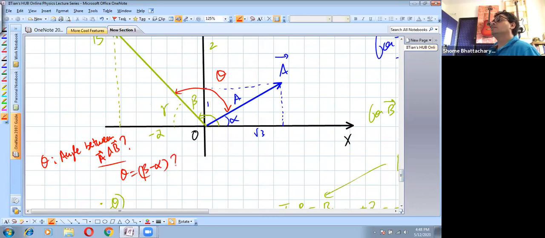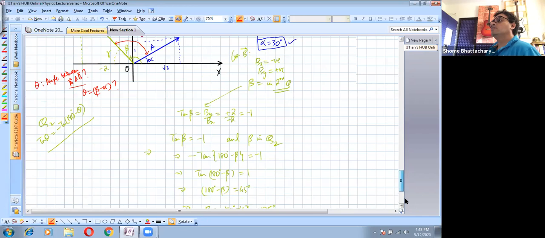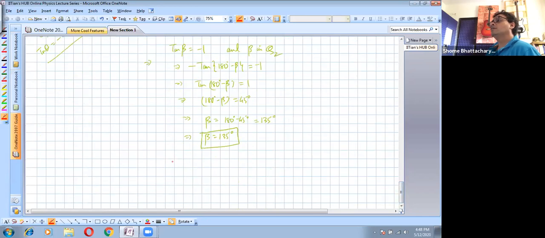Okay. So that's it. So now we'll substitute the values. Finally, that will tell us that theta is 105 degrees. That is the angle between them.